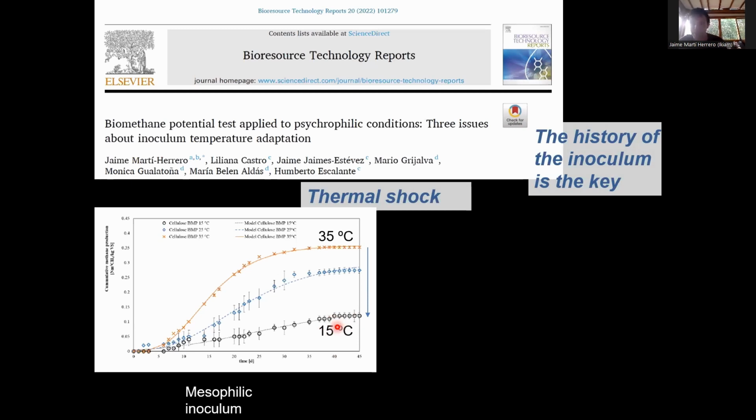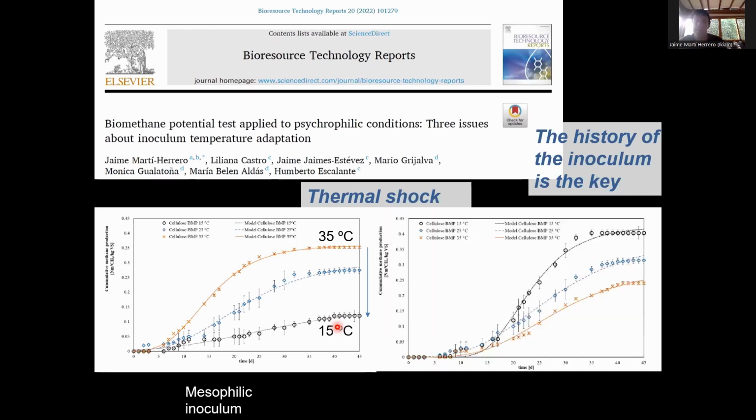But what happens if we take a microorganism that has been working before at low temperature and we begin to heat it to give it more temperature? We began with a psychrophilic inoculum, and they have the best performance at 15 degrees. And when we increase the temperature, they have a worse performance. So the history of the inoculum is very important.